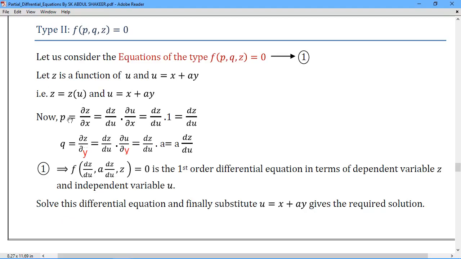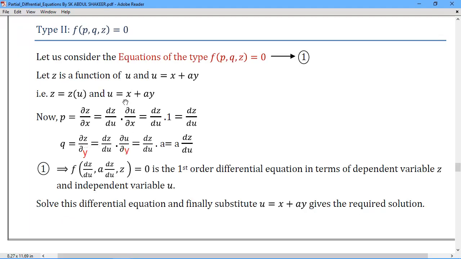Now computing the first order partial derivatives p and q, p is dou z by dou x. It can be written as dz by du into dou u by dou x using chain rule. But dou u by dou x value is 1. Thus we will have p is dz by du. Similarly, q is dou z by dou y, but it can be written as dz by du into dou u by dou y.